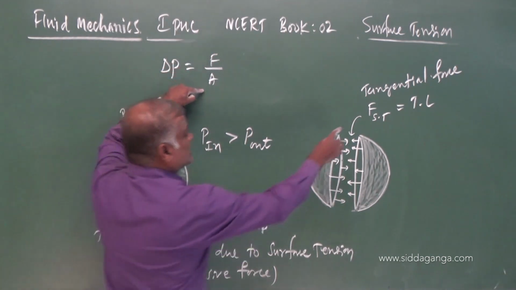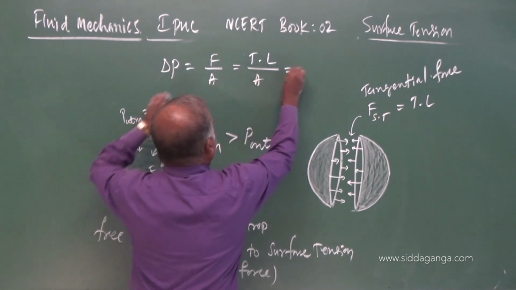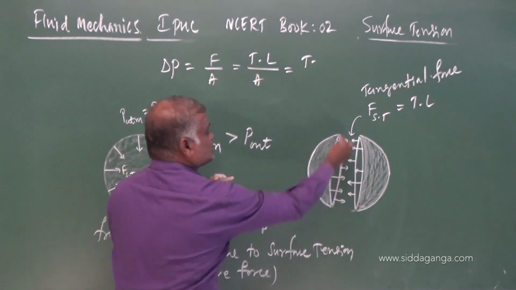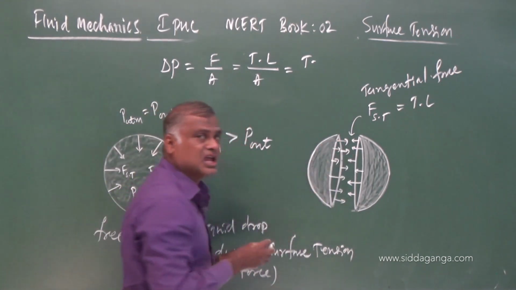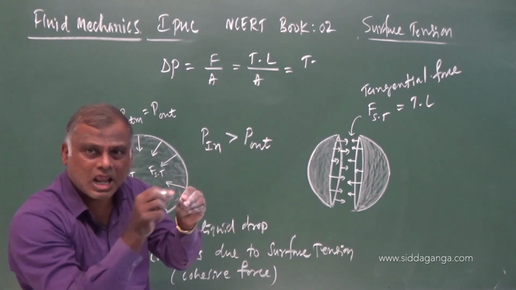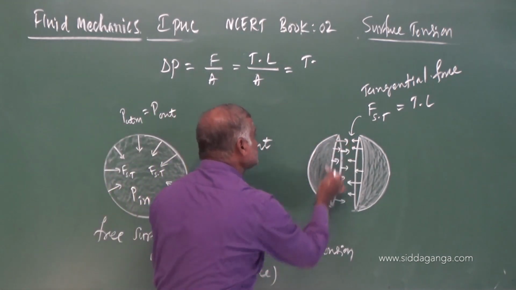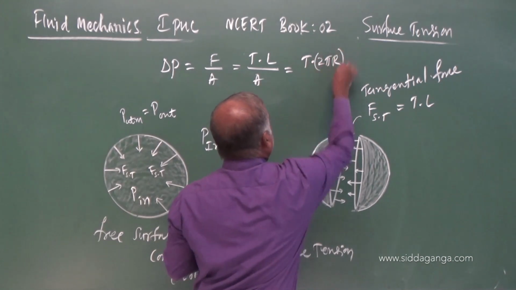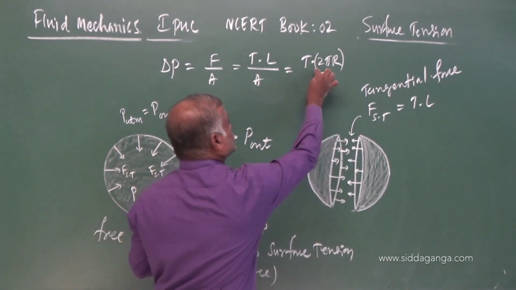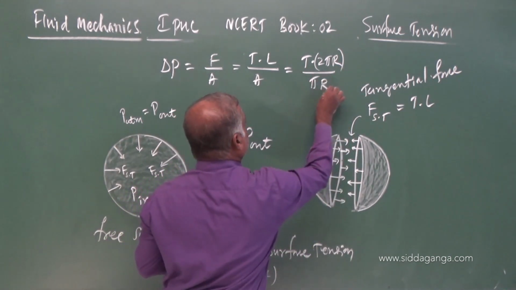What is the total force acting on this now? T into L divided by area. What is the circumference of this? This force is acting tangentially on every particle, so the force per unit length on this surface is T, and the length is the circumference, 2 pi r, divided by the surface area, pi r squared.